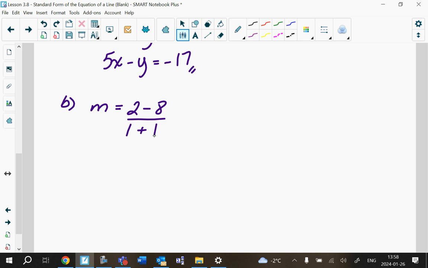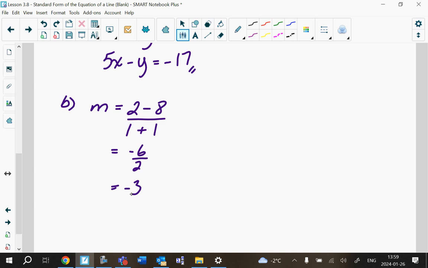Okay. So we get -6/2, which works out to exactly -3. Notice when the slope's not a fraction, we don't have to worry about dealing with fractions.